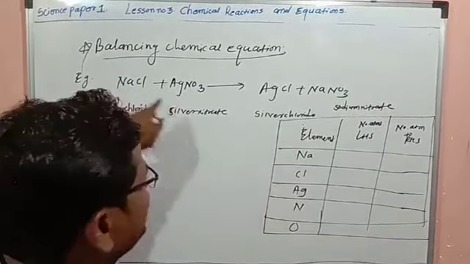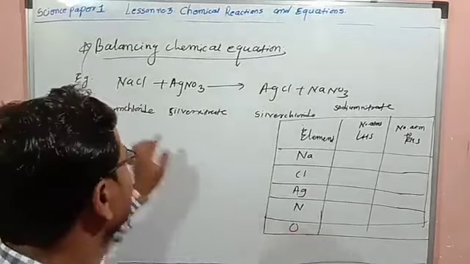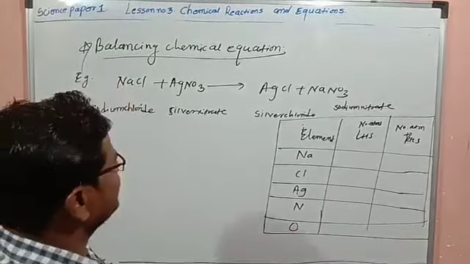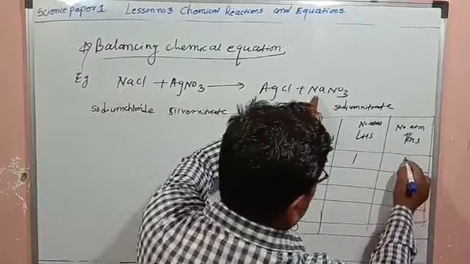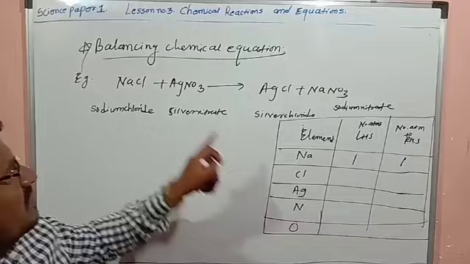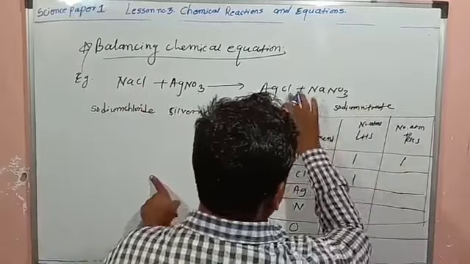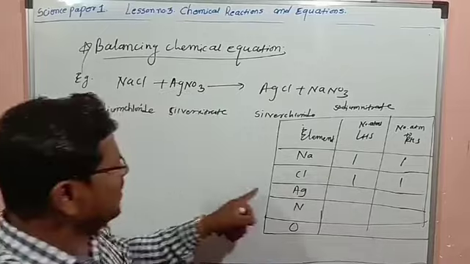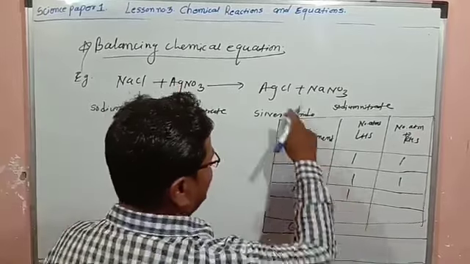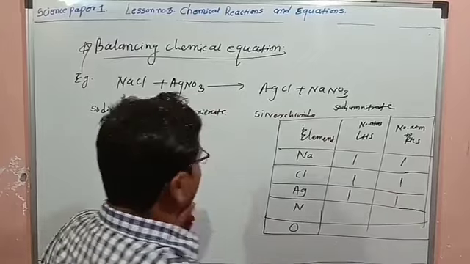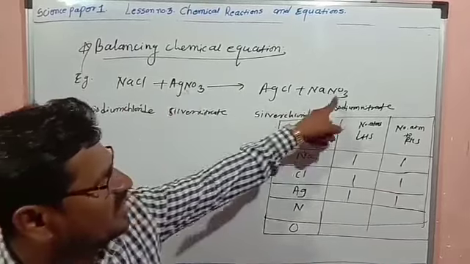So these are the atoms of the elements. In the LHS, if you count number of atoms of sodium, only one is there, sodium 1, RHS sodium 1. Chlorine to the LHS 1, to the RHS chlorine 1. Again silver to the LHS Ag 1, here also 1. Nitrogen to the LHS 1, to the RHS also 1.